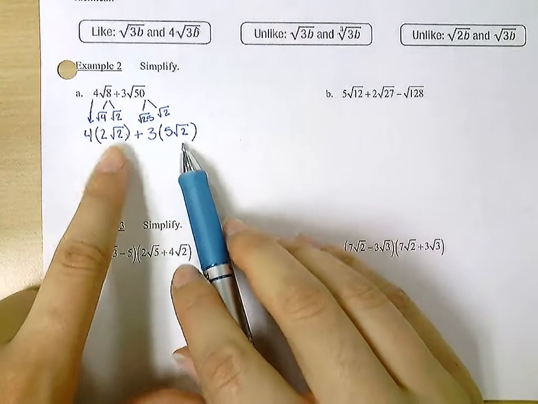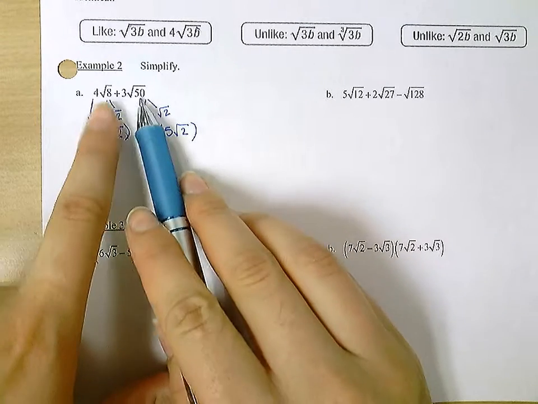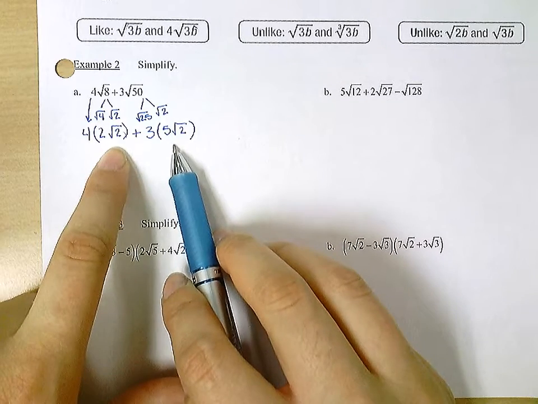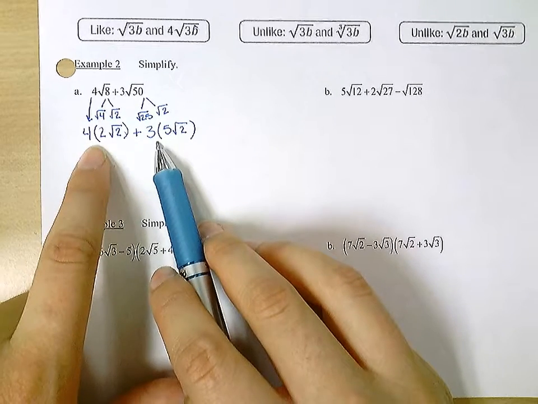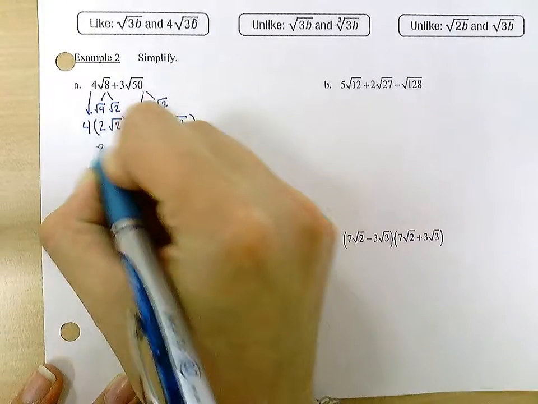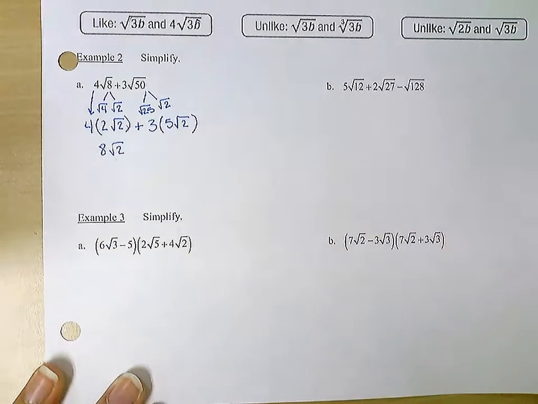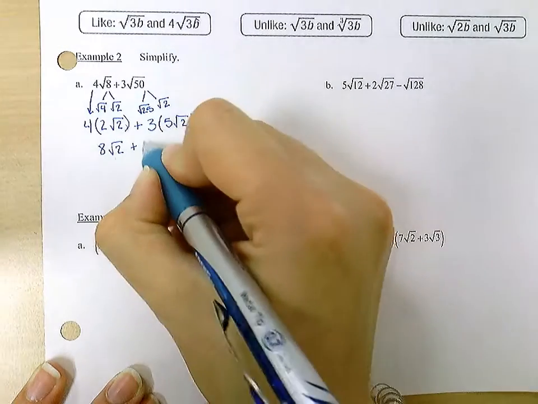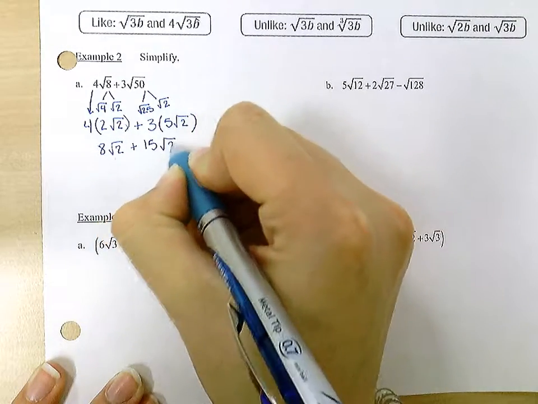So these parentheses here are just the simplified versions of those roots. From here, I'm going to multiply my outer terms. So I have 4 times 2. That's 8, and then leave the square root of 2. Plus 3 times 5 is 15. Again, leave the square root of 2.